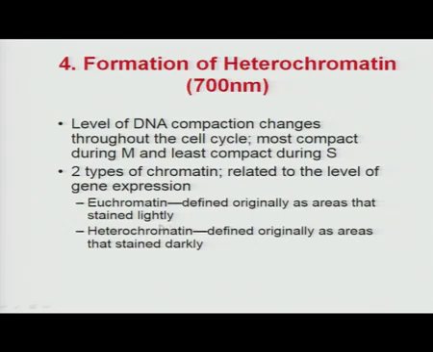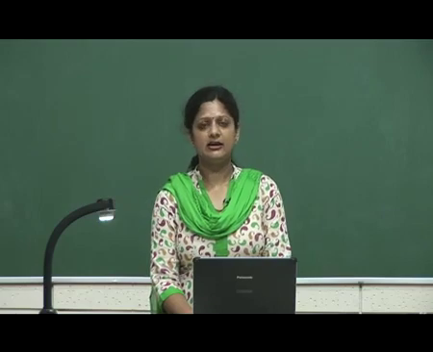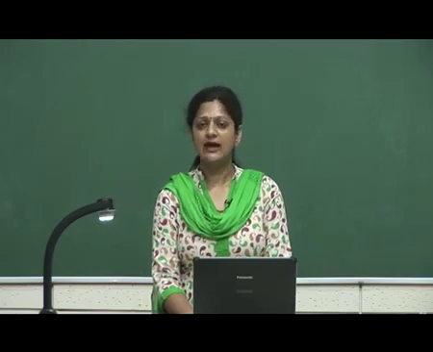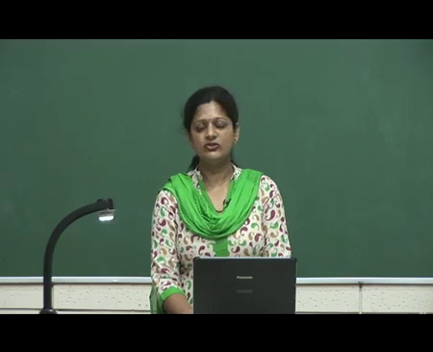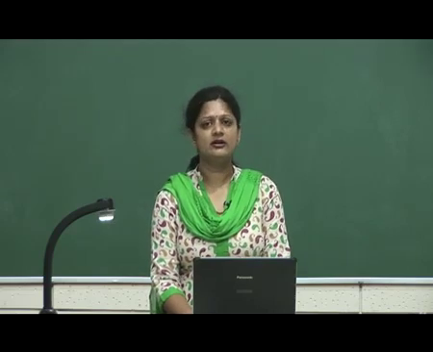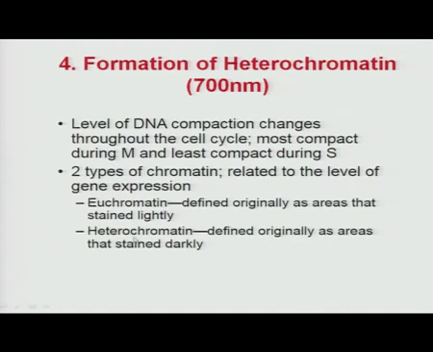If we provide any dye or stain to the chromosome, that area of the chromosome which gets stained light is considered euchromatin, and heterochromatin are those areas of the chromosome which stain darkly. So, this is how we can differentiate the euchromatin and heterochromatin parts of the chromosome, which is mainly based on staining with certain dye.